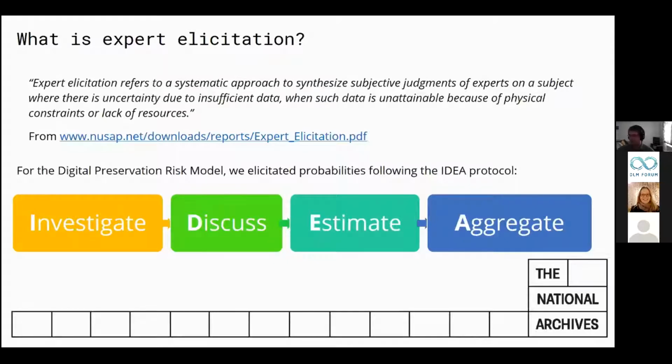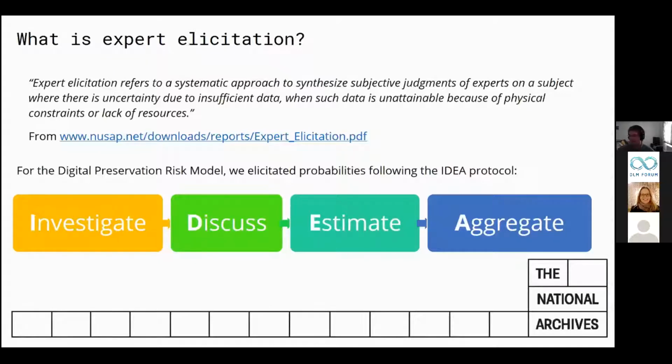The investigate part of the elicitation is about getting a common understanding of the questions and how they should be answered. All experts then gave a first initial round of their answers to the questions in private, without conferring and without looking up answers anywhere else.